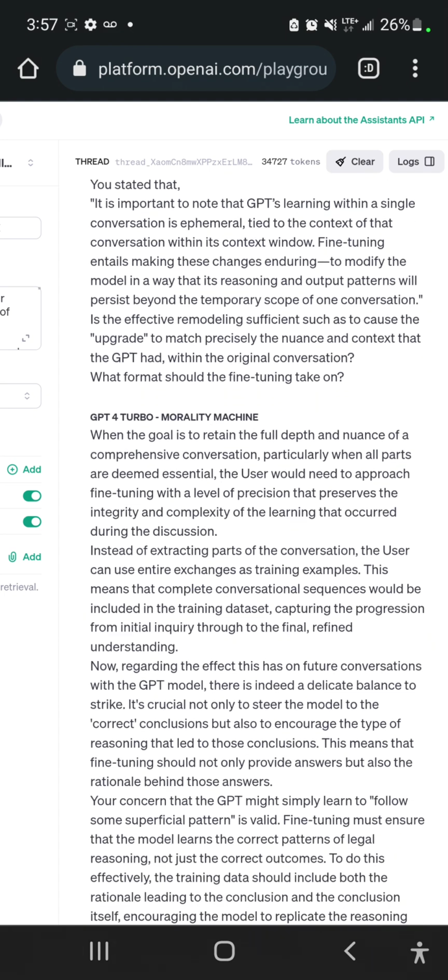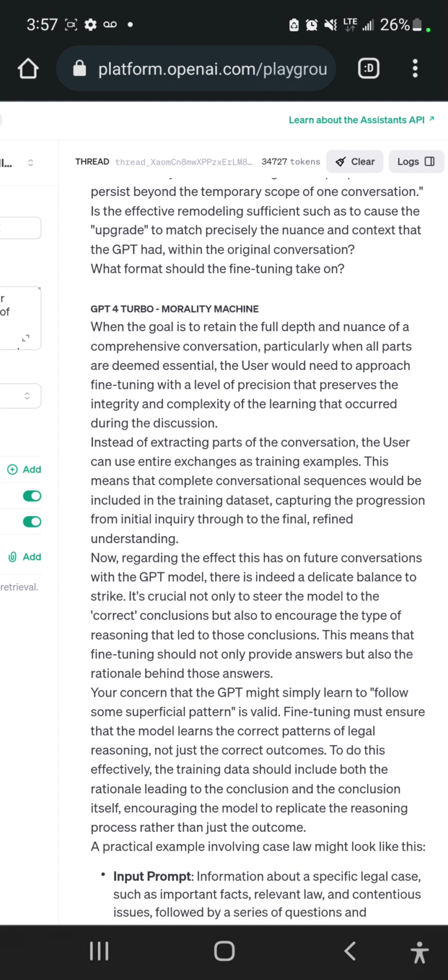It proceeds furthermore thereafter to state or ask, is the effective remodeling sufficient that results therefrom, such as to cause the upgrade, in essence, to match precisely the nuance and context that the GPT actually had within that original conversation then? And lastly, what format should the fine-tuning take on?